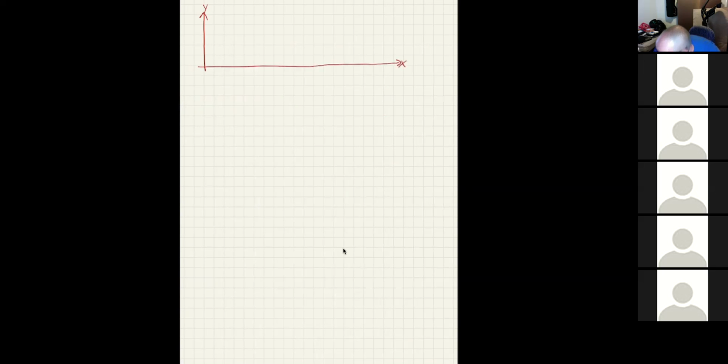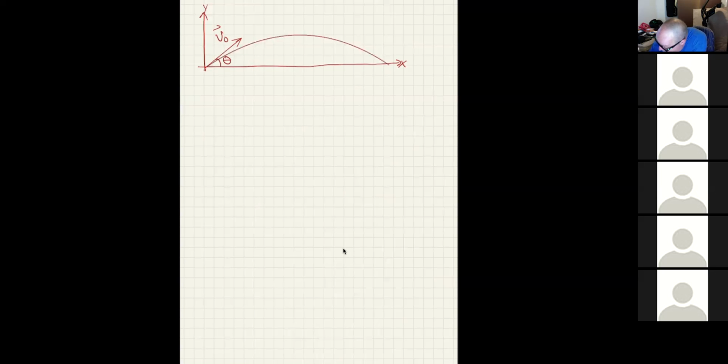So there's our x-axis. And what I'm going to say is the initial velocity is a vector v0 at an angle theta.